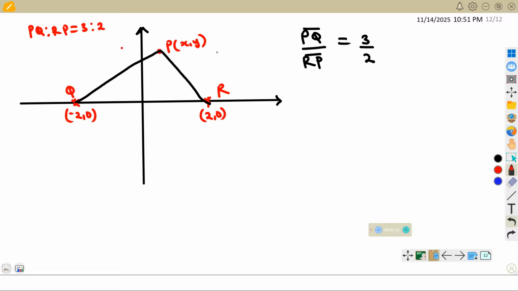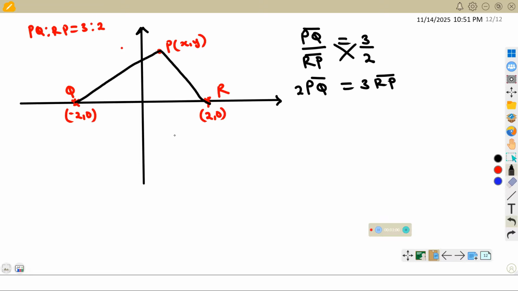So if we have PQ to RP at 3 to 2, it means we can go on and cross multiply here and have 2 PQ is equal to 3 RP. So since we are considering distances here and we know how to get the distance between 2 points, if you have PQ, you can easily get the distance, and RP, you can easily get the distance.